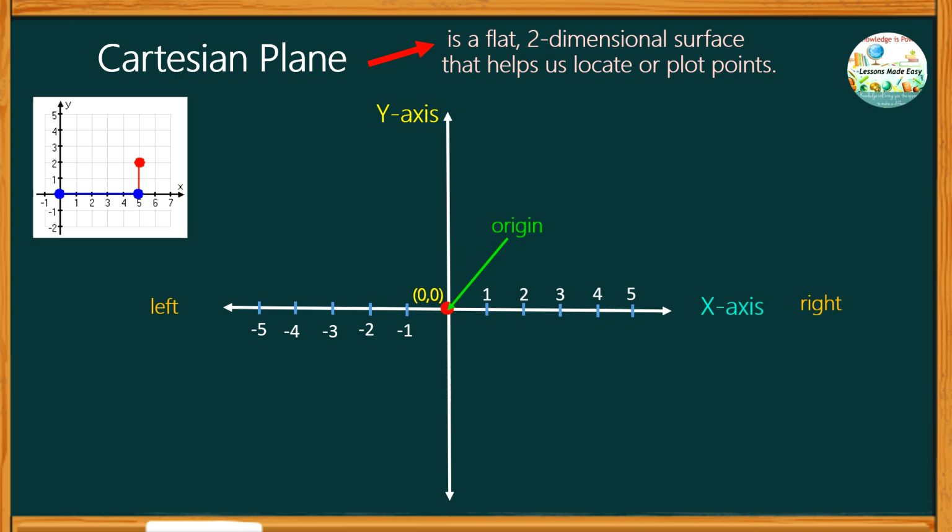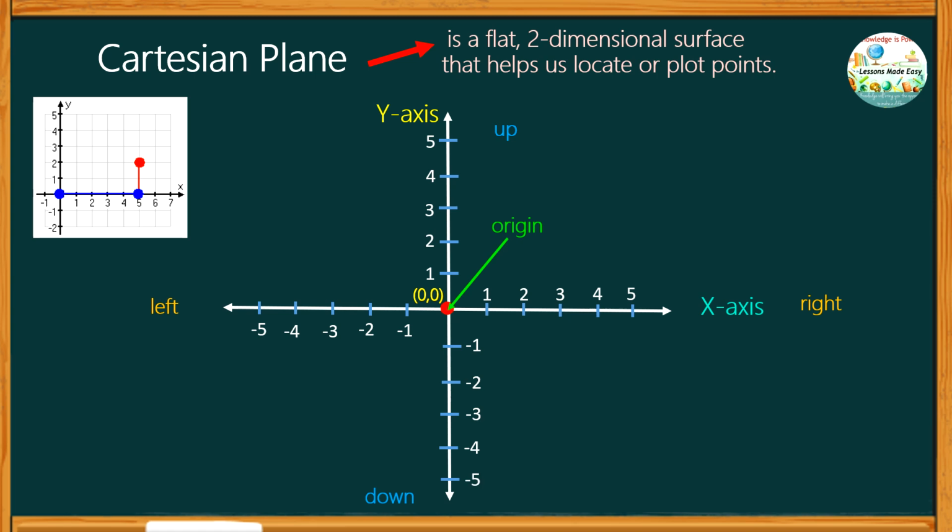The value on the y-axis tells us how far to move up or down. At the same distance going up, we can count from 0 to positive 1, positive 2, 3, 4, 5, and so on. We can also count downwards from 0 to negative 1, negative 2, negative 3, 4, 5, and so on.